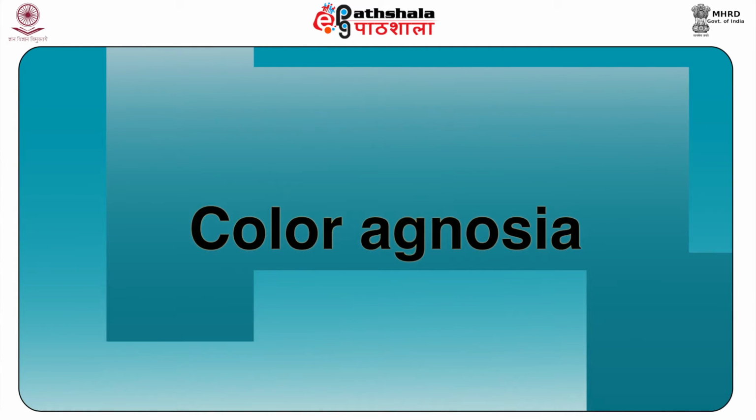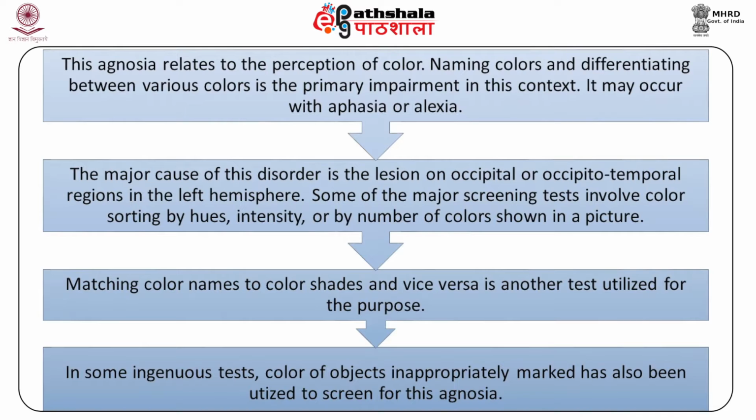Coming on to the next one is color agnosia. This agnosia relates to the perception of color. Naming colors and differentiating between them is the primary impairment in this area. It may occur with aphasia or alexia. The major cause of this disorder is a lesion on the occipital or occipitotemporal regions in the left hemisphere.